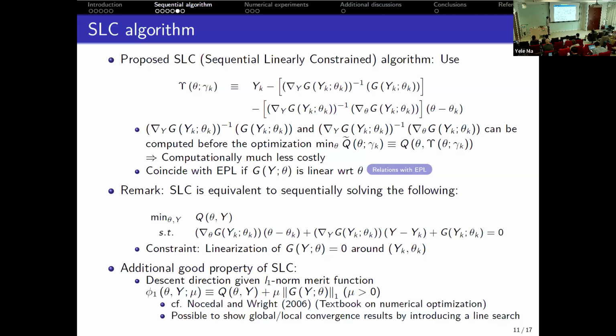And this implies that a smaller value of this merit function is desirable from the viewpoint of numerical optimization of the constrained optimization problem. And by utilizing this descent direction property, it is also possible to show global and local convergence results by introducing a line search procedure. But please note that even without a line search procedure, usually the SLC algorithm converges.